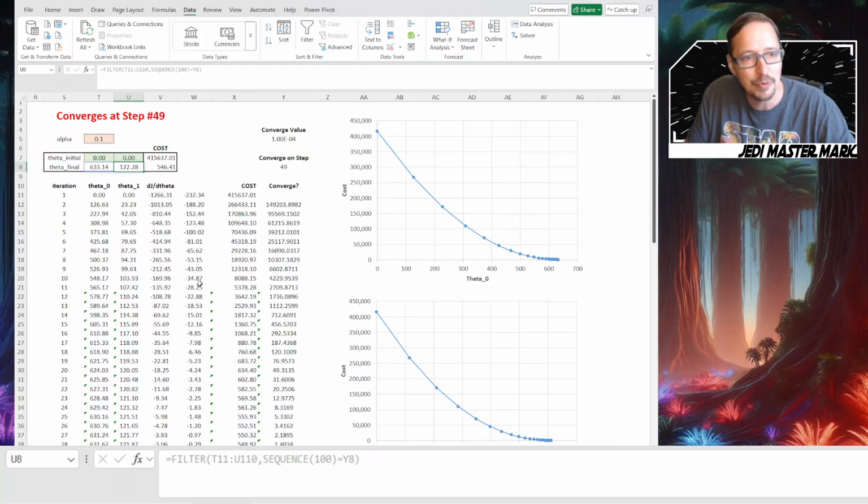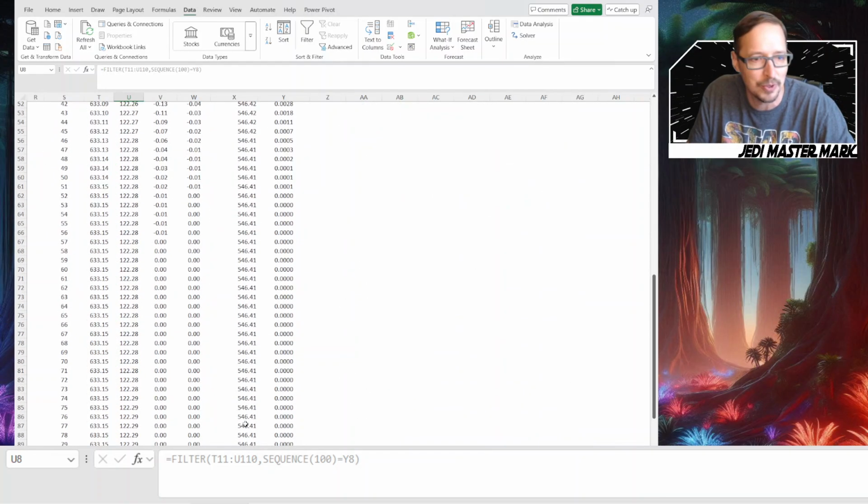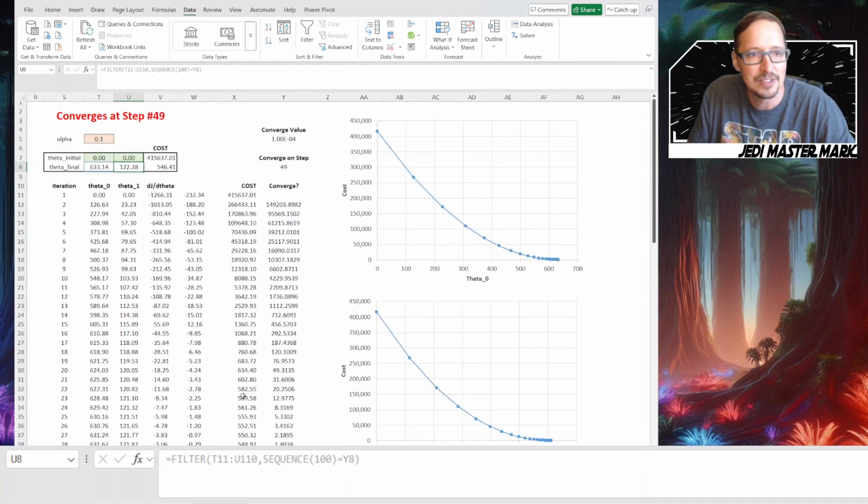So here we've done essentially what the Excel solver function does. Now, how does it know when to stop? Well, this one's really easy. As you can see, the cost function is going down, and even as we scroll down, it eventually stabilizes. What it actually does for when to stop is there's usually some convergence threshold.